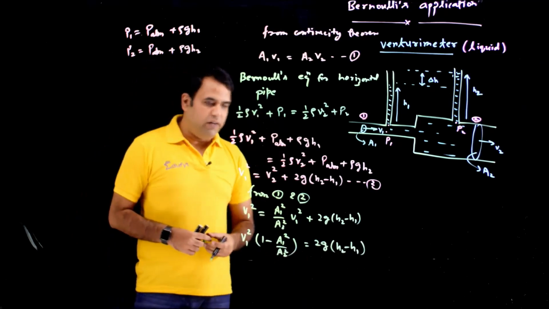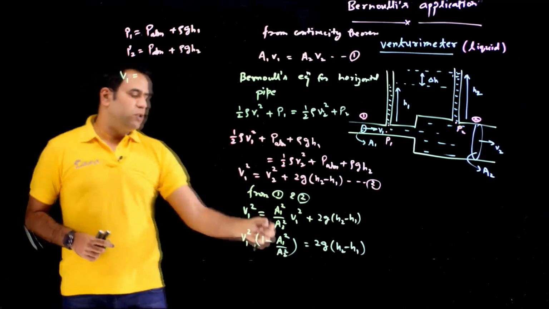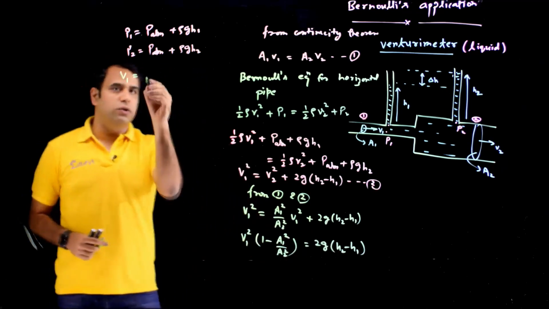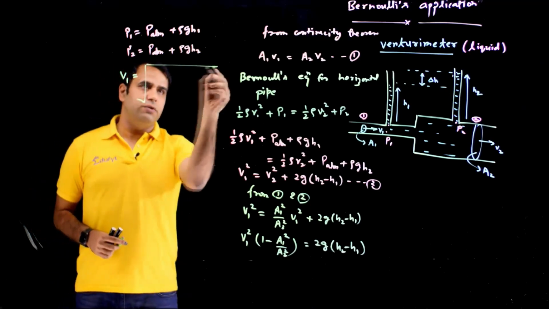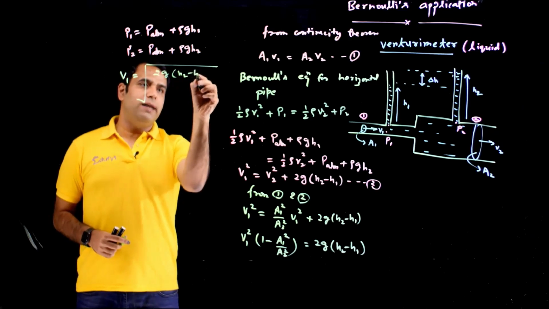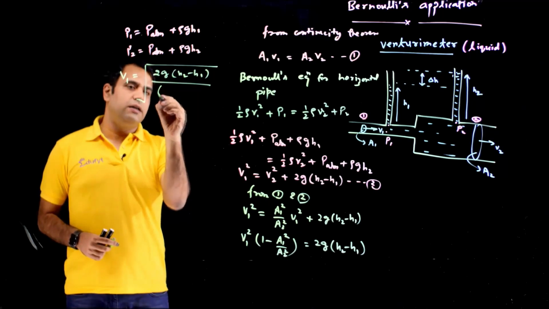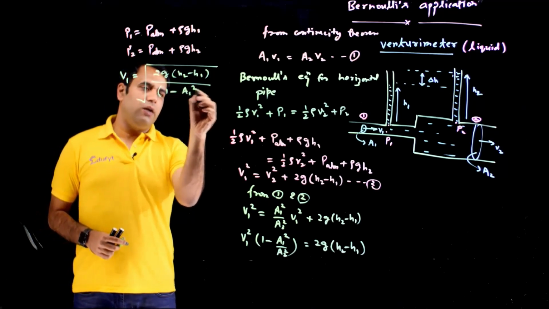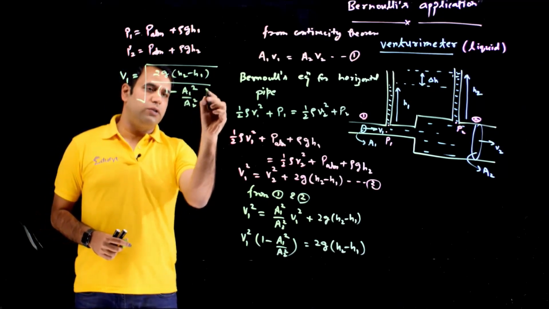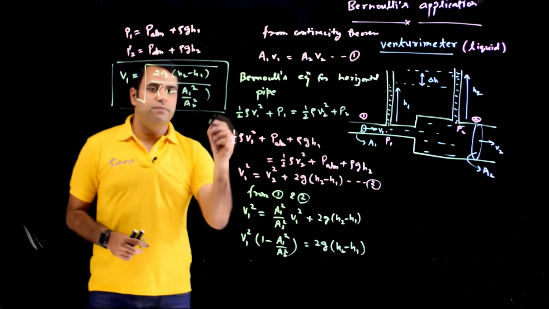We have to calculate V1, so we take it on that side and take the square root. V1 will be equal to the square root of 2g(H2 minus H1), which is nothing but delta H, which we can measure, divided by 1 minus A1 square upon A2 square. This is the value of V1.